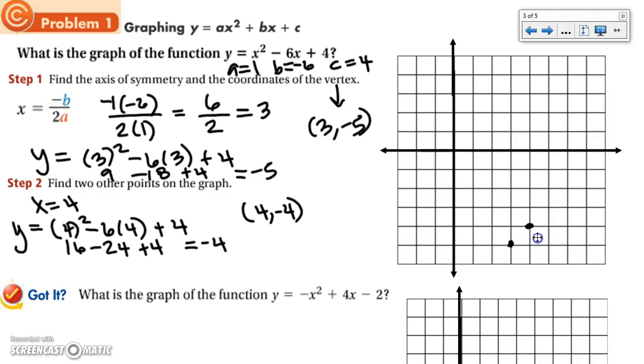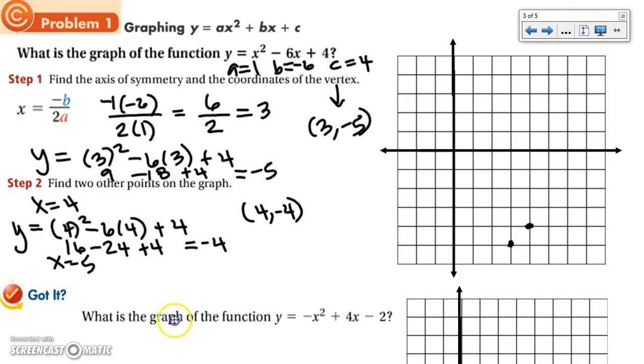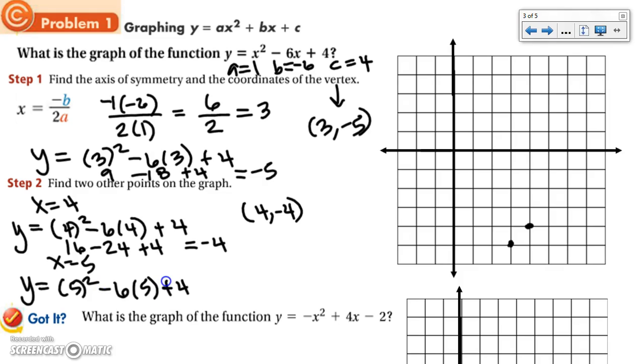And then I'm also going to plug in the next x value this direction, which would be 5. So wherever there's an x in my original equation, I will plug in a 5. So now I'll be doing 5 squared minus 6 times 5 plus 4.